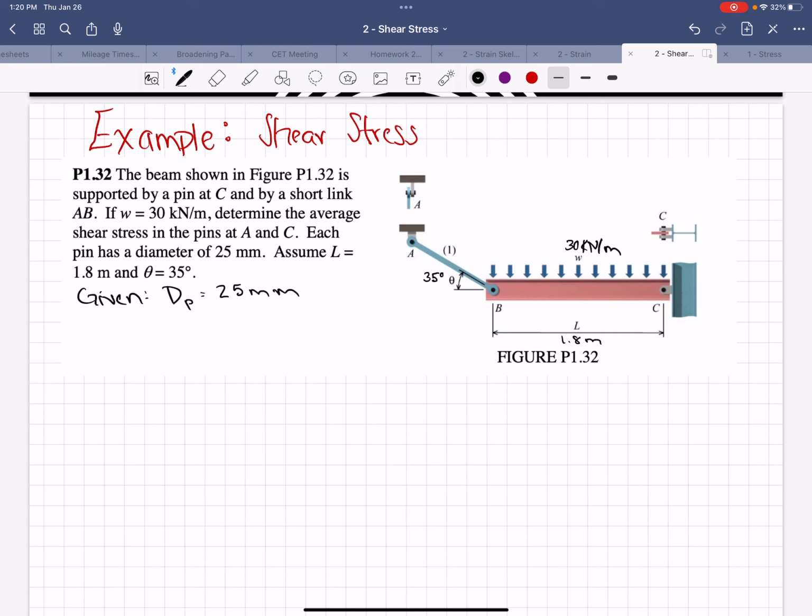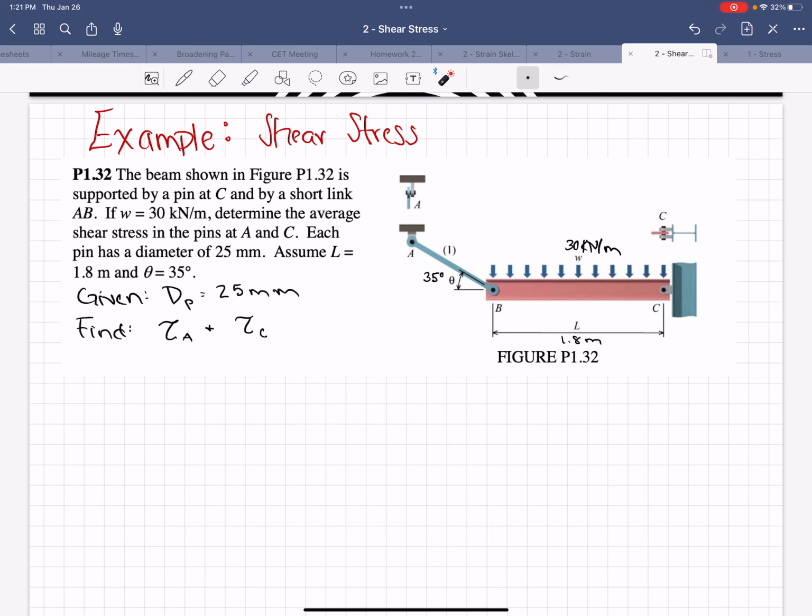And we're supposed to find the shear stress, so that's tau in the pin at A and tau in the pin at C. And as you can see, they gave us pictures of these pins so we can decide if they're single or double shear. We'll do that later.